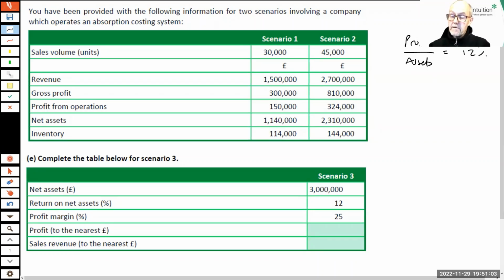So that means if we multiply both sides by assets, we can say that profit equals 12% times assets. So that times 12% equals 360,000.